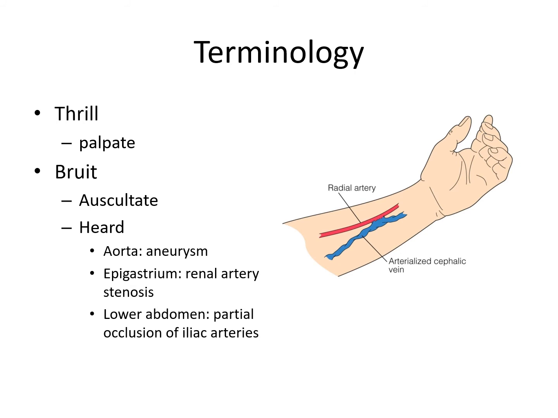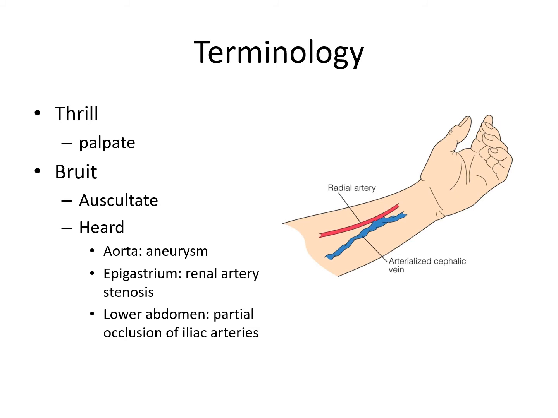Okay, I'd like to introduce some perfusion terminology and some concepts as well. The word thrill is what we palpate, and when you feel a thrill, that could be good or bad, depending on where you're palpating.